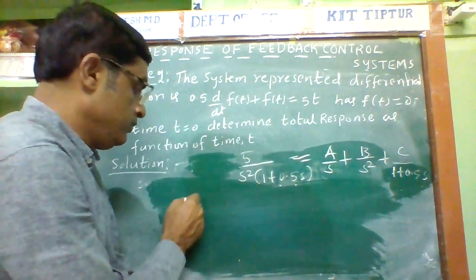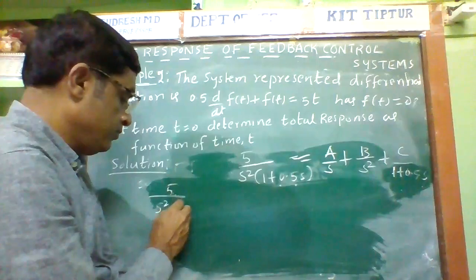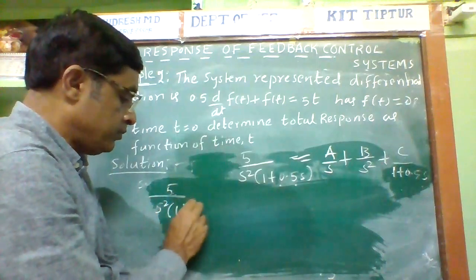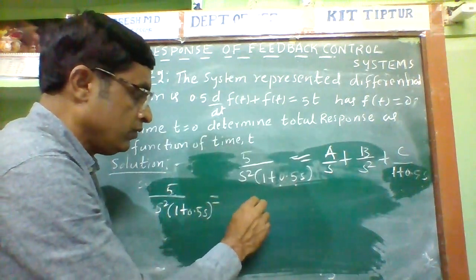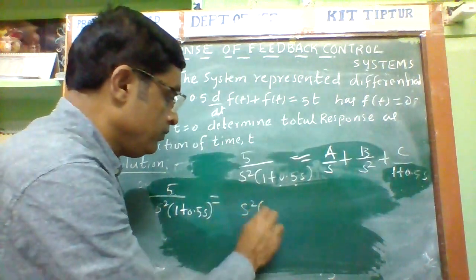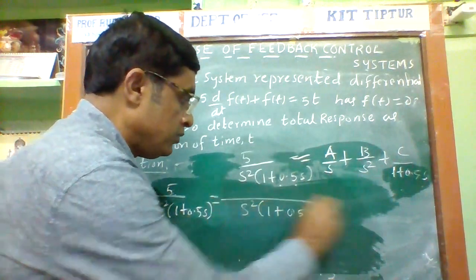Now s square into 1 plus 0.5 s is the LCM.